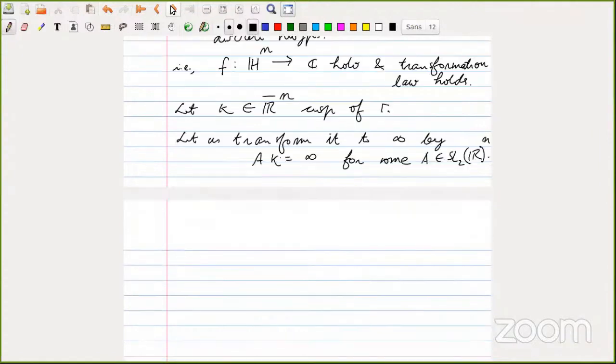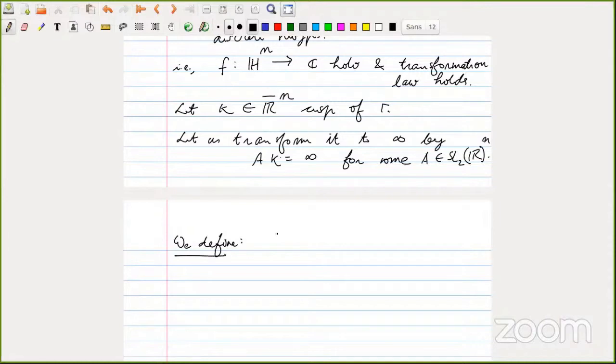Once I take this, as I have A kappa equals infinity, it makes sense for us to look at this new automorphic form.